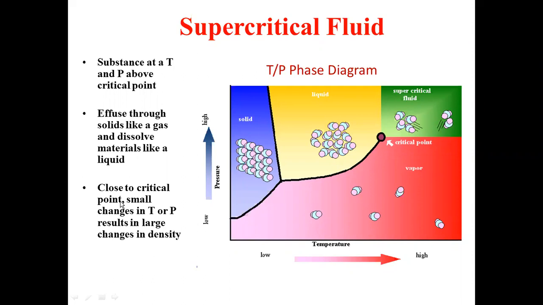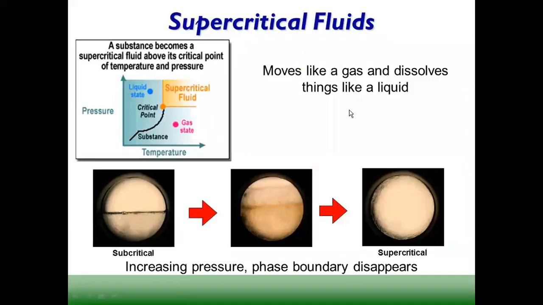Very close to the critical point, small changes in temperature or pressure result in large changes in density, and this change in density is responsible for the behavior of these supercritical fluids in diffusing, dissolving, and interacting with the solute molecules. So this is about the definition of supercritical fluid.